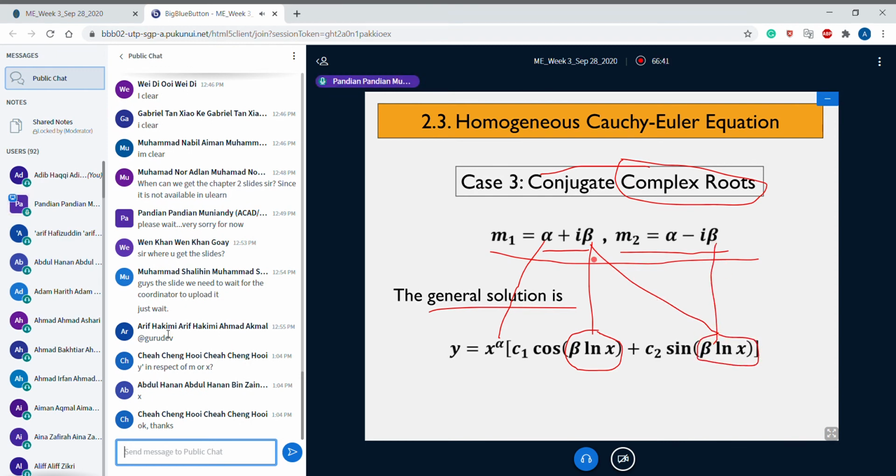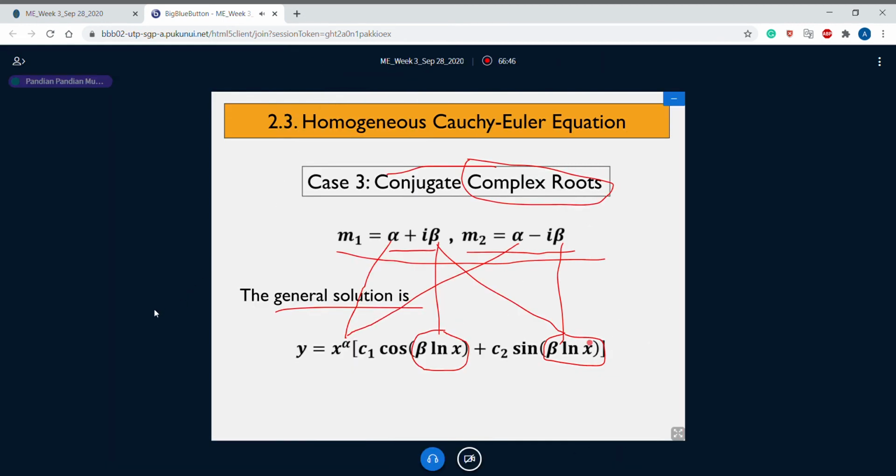The beta is the same, and this alpha is the same, so you cannot write C1 beta x. No. It is C1 cos beta ln x plus C2 sine beta ln x. This is the general solution. So take note, for the homogeneous Cauchy-Euler equation, the solutions for all three cases must have independent solutions. They cannot be the same. Even here you have y1 and y2, one is cos and one is sine. So this is independent.